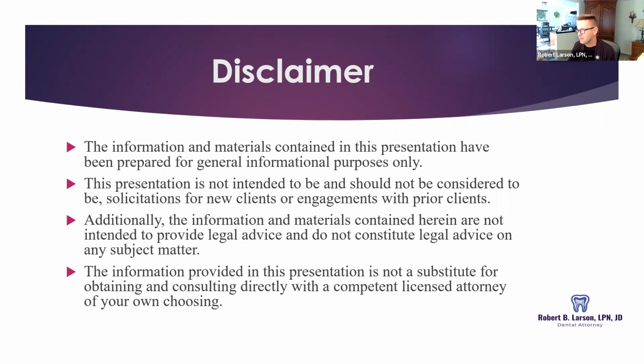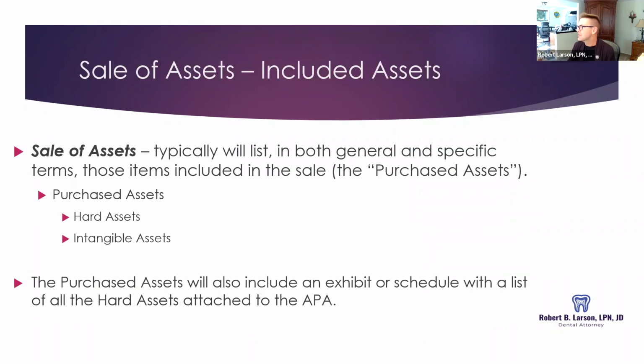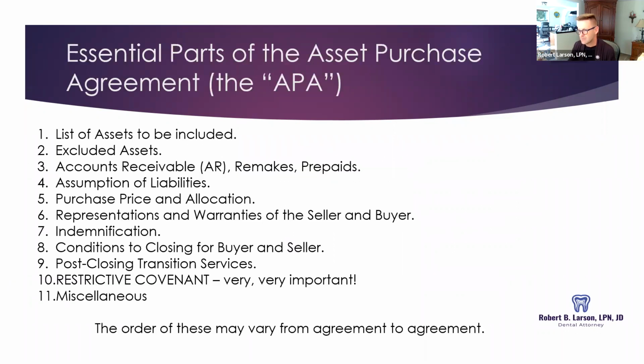So today we're talking about the sale and purchase of assets. So the essential parts of an asset purchase agreement are listed here. These are, I would say, the big 11, but some are a little bit more important than others. What assets are included? What assets are not included? Accounts receivable. I put remakes and prepays, but that's primarily for dentists. Assumption of liabilities, the purchase price and allocation, hugely important.